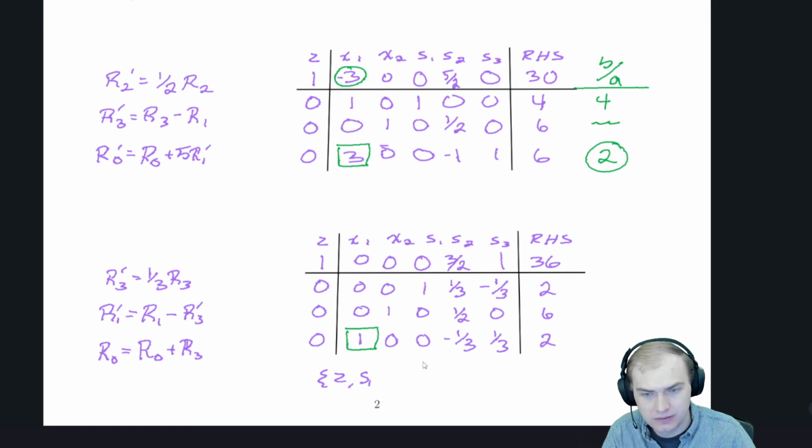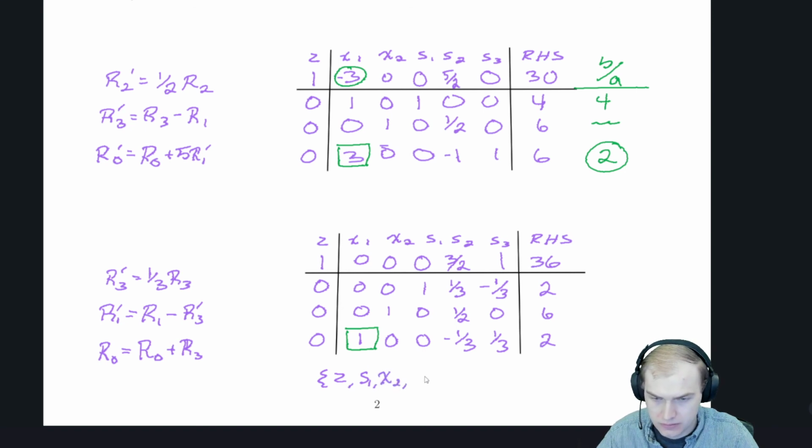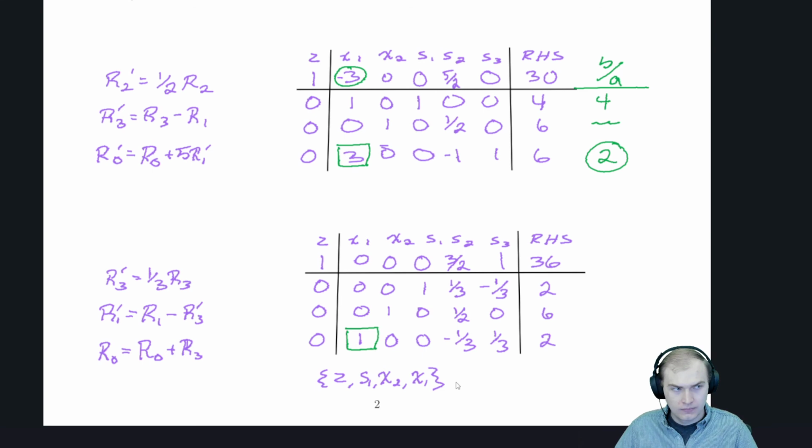S1 is that column, and then x2 and x1 is the basis we have. In that order. Now, you can reorder the basis if you wanted, just by swapping 2 rows. But there's no real reason to do that.